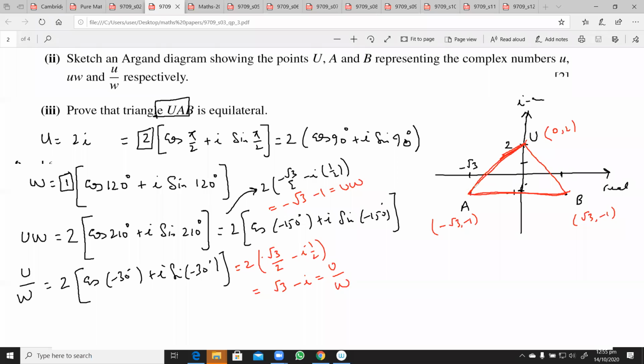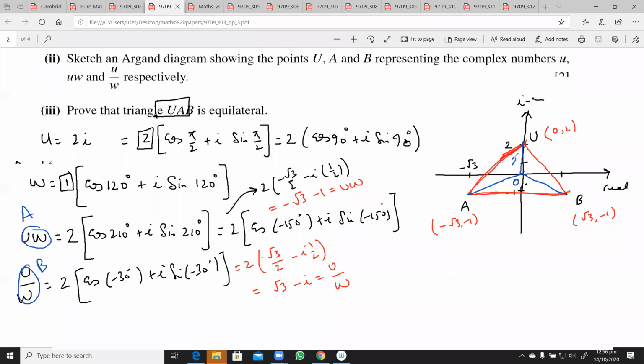The ones who are the toppers should look at this method. Since we've already written them in their polar form, this is basically your A and this is basically your B. Now what is the modulus of this if I call this OU?